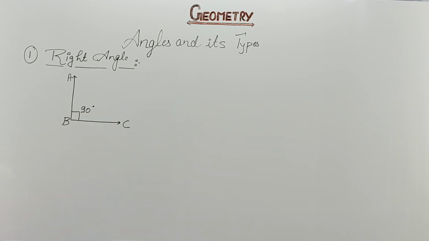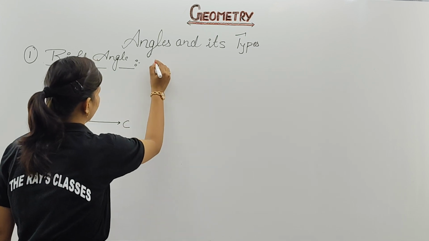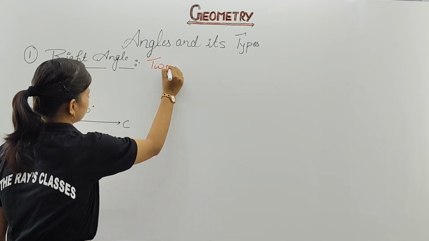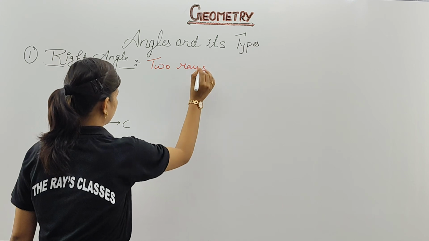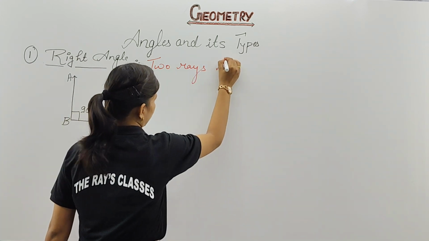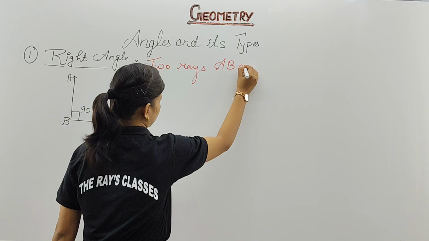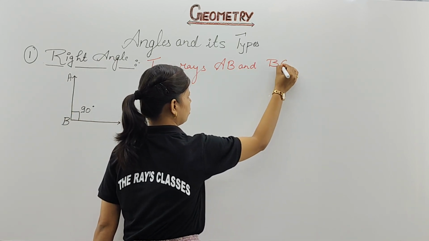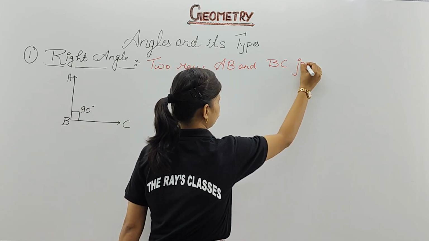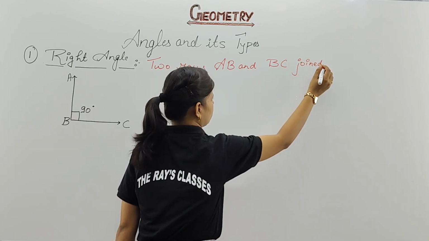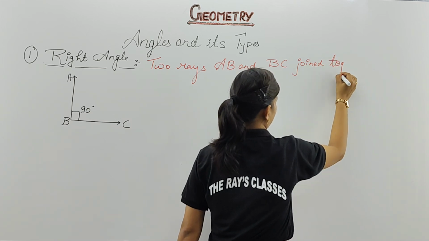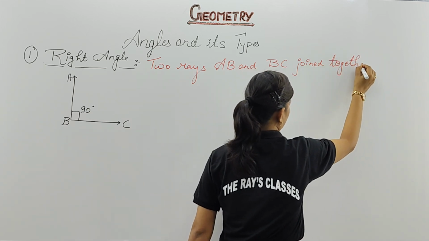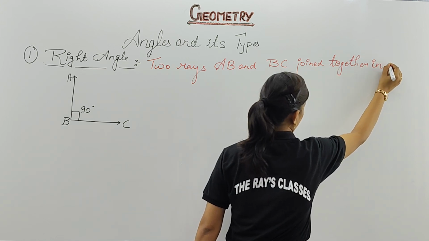I use another color of marker to write that one. Okay. So we can write two rays AB and BC join together in a straight way.